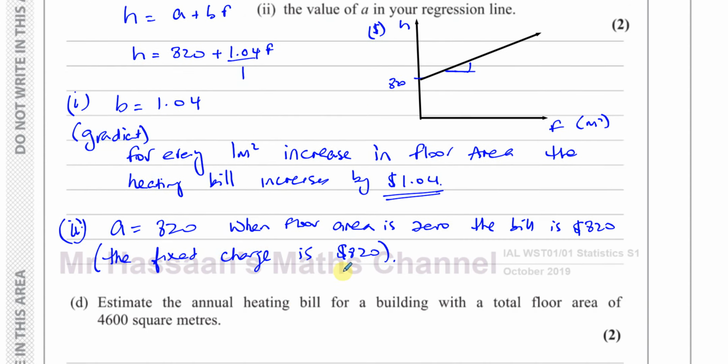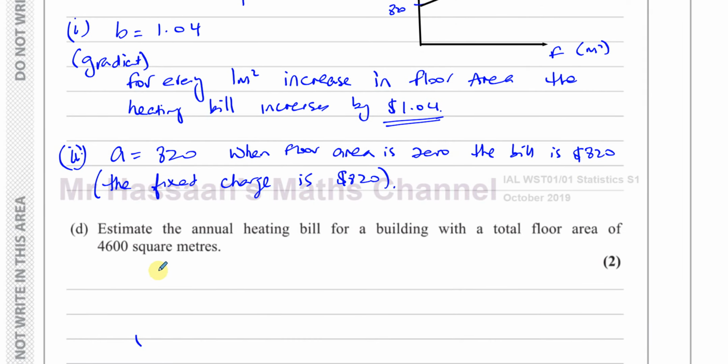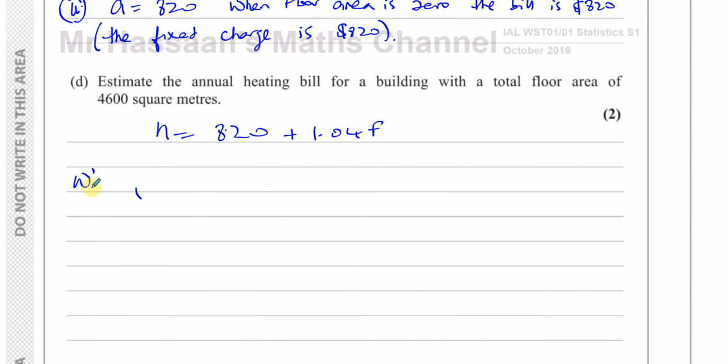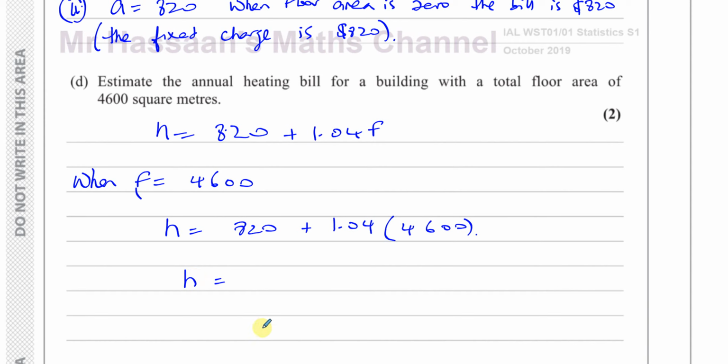So we can use our equation, which is H equals 820 plus 1.04 times F, and we can say when F equals 4,600, then H is going to be 820 plus 1.04 times 4,600. So we're using the regression line to estimate this value.